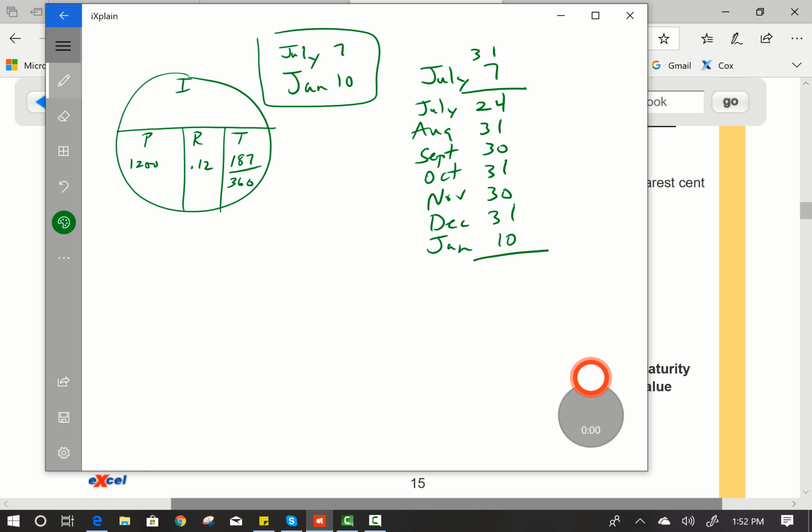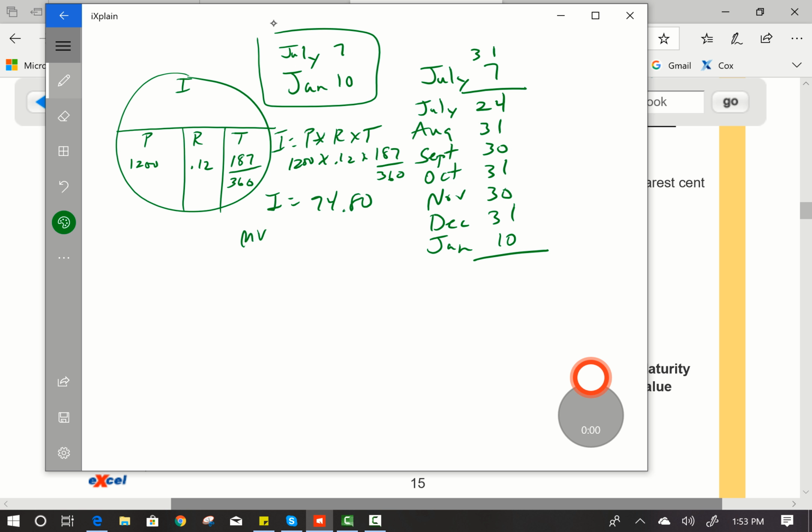So therefore the interest is equal to principal times the rate times the time. So the principal is 1,200 times rate of 0.12 times 187 over 360. So the interest is equal to $74.80.